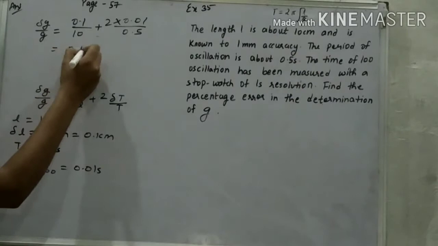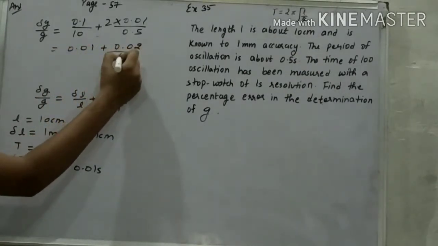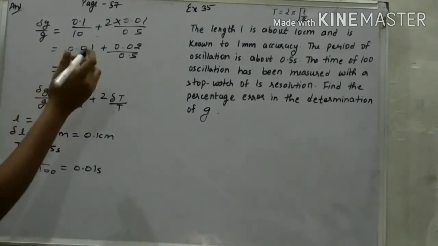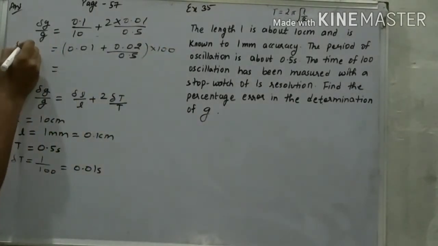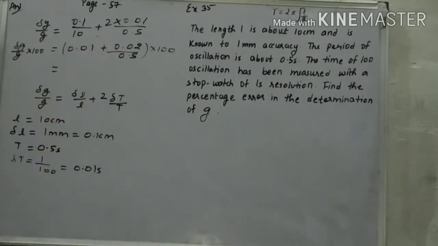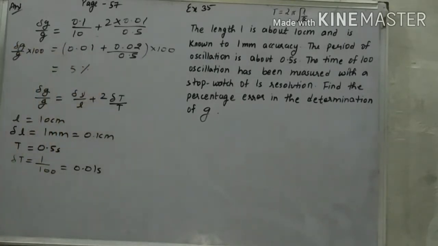That is 0.01 plus 0.02 divided by 0.5. And when you solve this, your answer will come out to be this, and multiply it by 100 also, 4%. And when you solve this part, your answer will come out to be 5%. So this is all about this question.